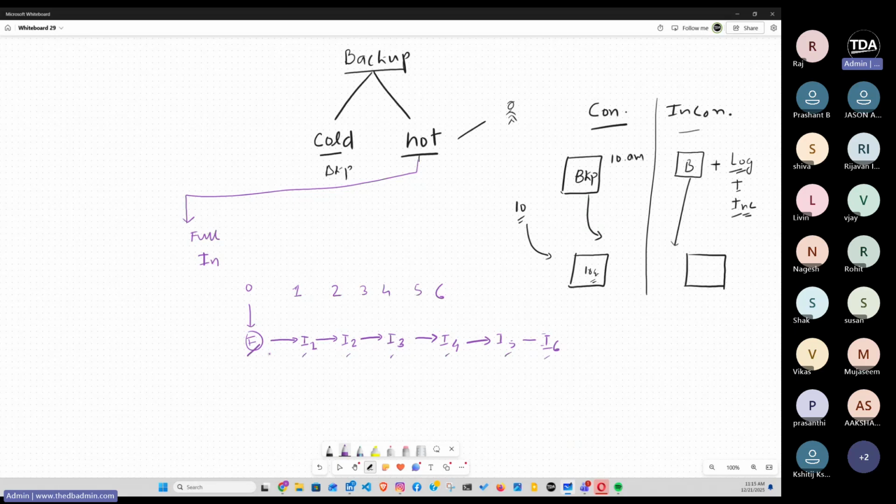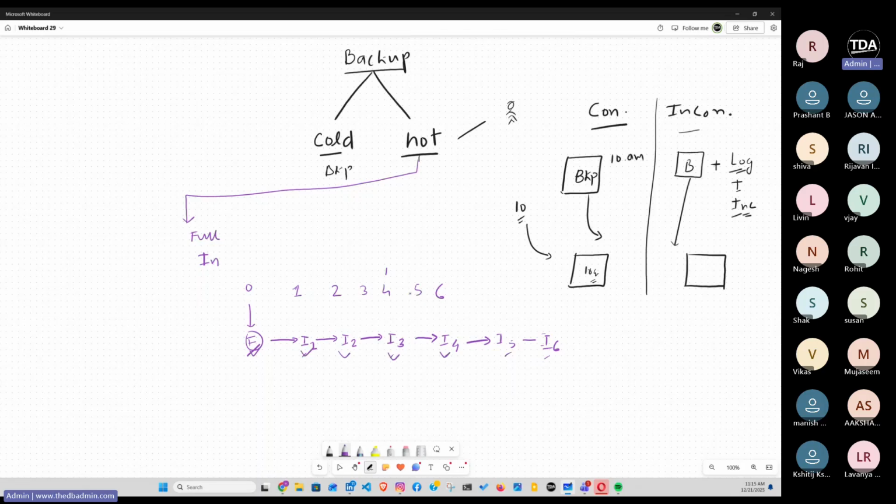Whenever I am doing a recovery or restore, my full backup is not going to be enough. Let's suppose on the 4th day I want to restore my database. In that case, not only the full backup, I have to restore all these 4 pieces.